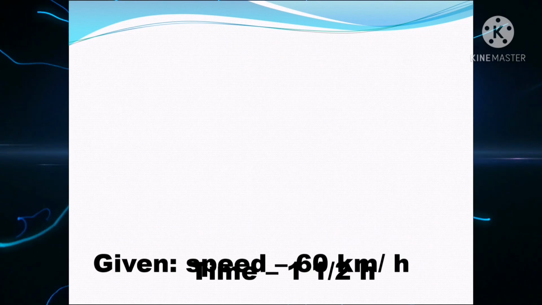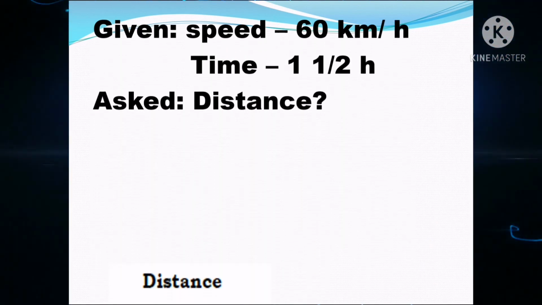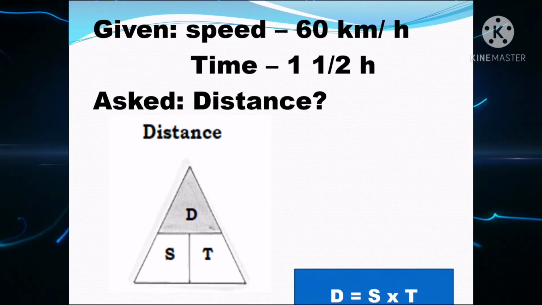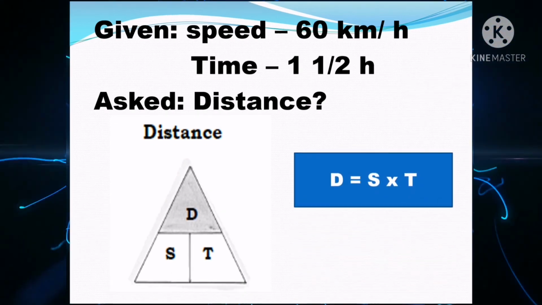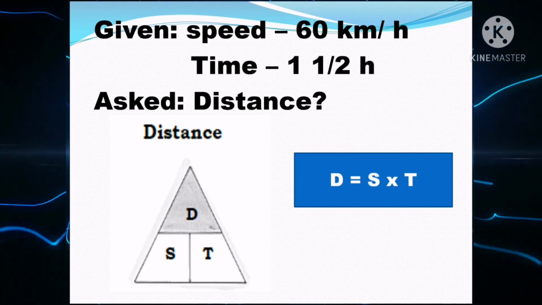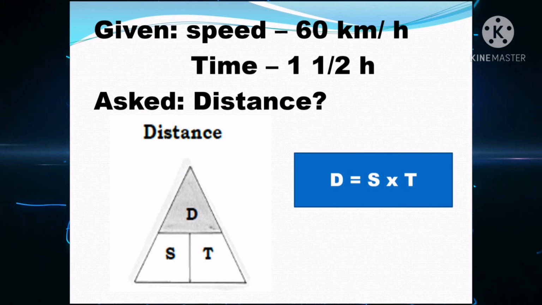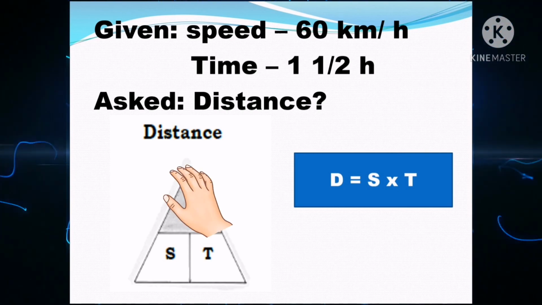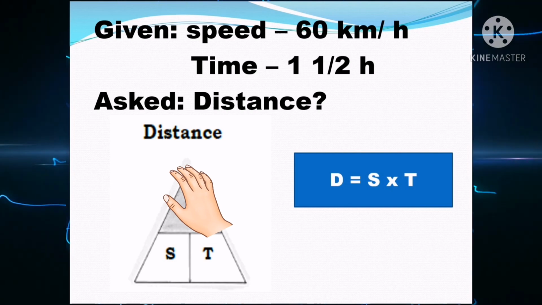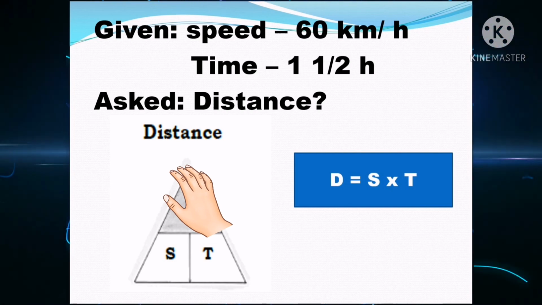Now let's have number 3. For number 3, the given facts are 60 kilometers per hour, which is the speed, and 1.5 hours, which is the time. And we are required to find the distance. When we cover letter D as the distance, we found out the remaining variables which are next to each other.